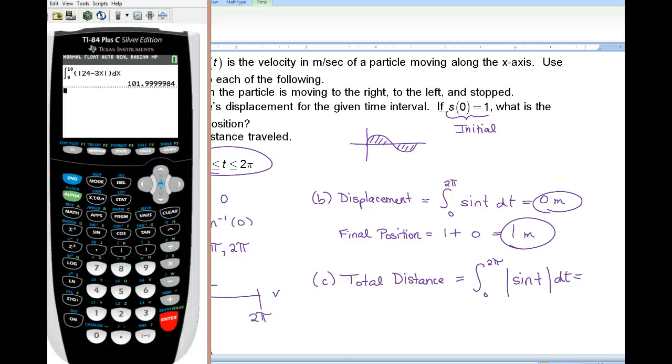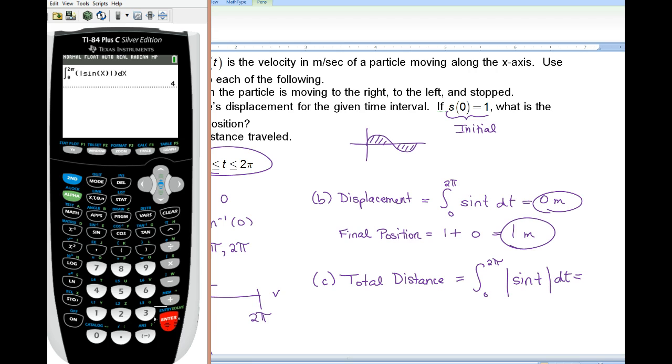So if I plug this in, I have from 0 to 2 pi, and then we have absolute value. Wait, displacement? I got 4. For the displacement, I didn't get zero.